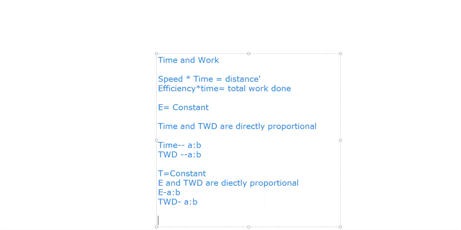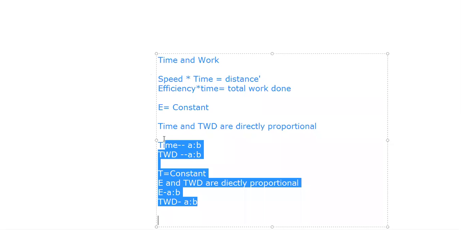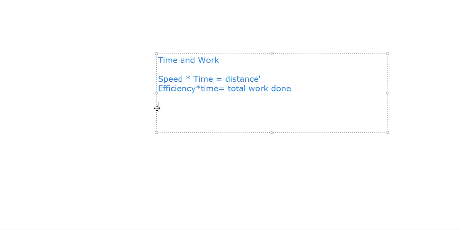Okay. Now, so efficiency and total work done are directly proportional. If efficiency is A is to B, total work done will be in the ratio A is to B. If efficiency is constant, time and total work done are directly proportional. If this is in the ratio A is to B, the other one will be in the ratio A is to B. Then total work done is constant.